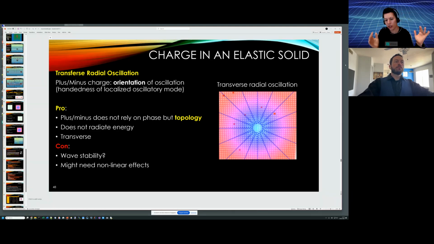Others think, no, it's longitudinal. I'm not sure yet which one is the right way to go, because I think both have some challenges, and we'll have to just continue to research and come up with experiments. And maybe there are also non-linear effects, which are hard to come up with solutions for, right?